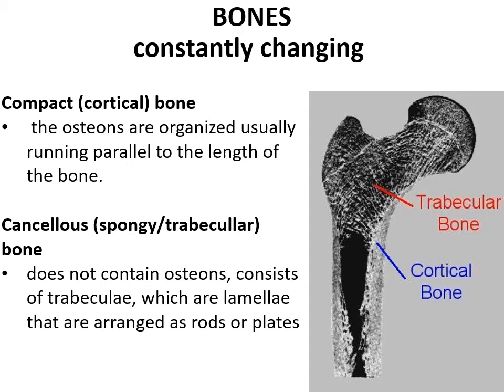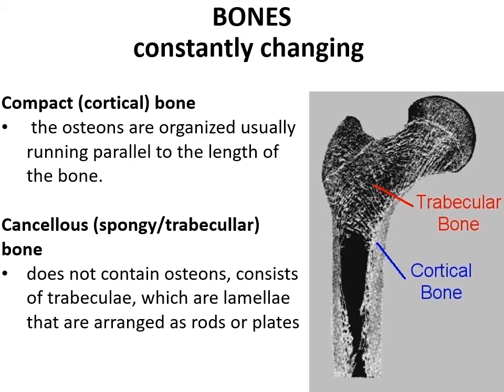So for example, in your femur, the outer part of your femur will be compact bone, okay? And it'll be composed of groups called osteons. Okay? The cancellous bone tends to be more inside, within the bone itself, okay?